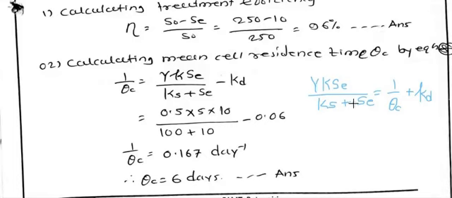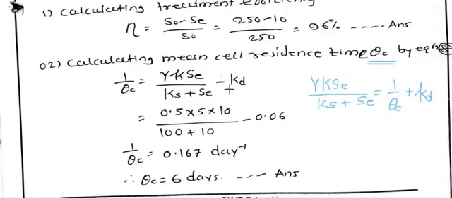This is from equation number 8. We just rearrange this in terms of 1 upon theta c, because we want to know the value of theta c. So we write it as Y k Se upon Ks plus Se minus kd.